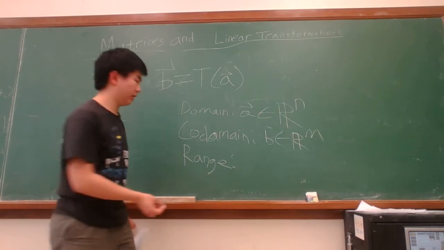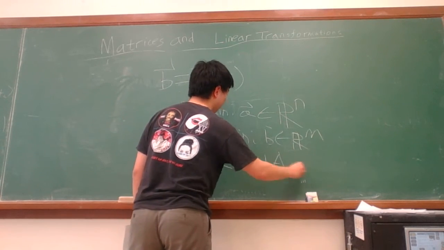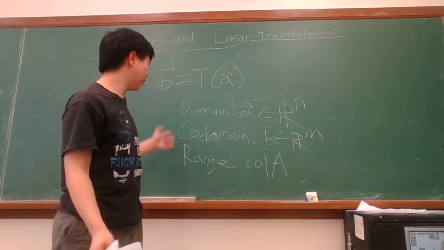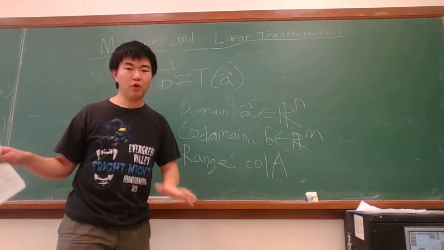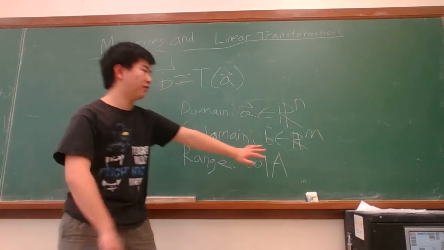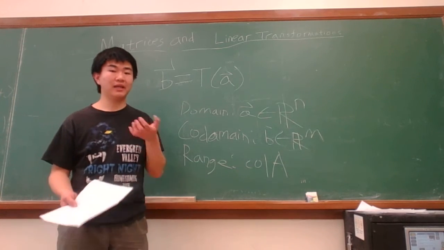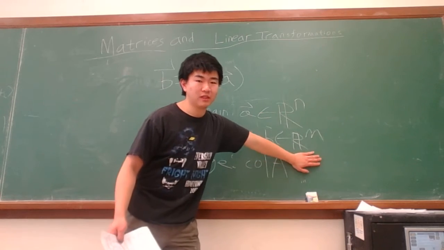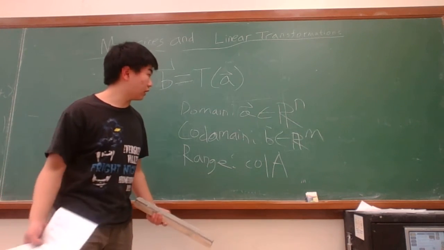But just a little preview, it's equal to the column space of A if this is being multiplied by matrix A. We'll explain later. Now you can see why I make a difference between codomain and range. Range is what it can do, and it's not necessarily everything in Rm, but sometimes we just want to see how much data we're getting back. If you only care about how much data you're getting back, you're only going to care about its part of Rm. All right, so hopefully this was clear.